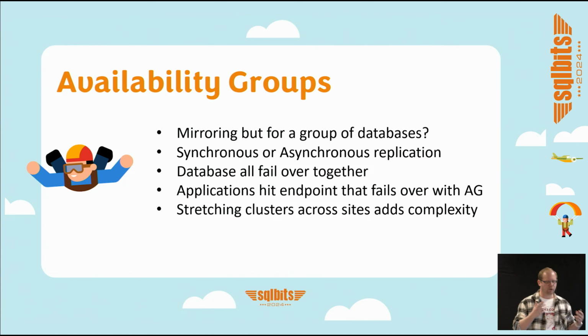And then our databases all fail over together. So in the event of a DR scenario, we are just running one command per availability group to bring our databases up in our secondary site. And our applications don't even care. They are completely unaware of the AG there. They are hitting our endpoint, our listener, and continue to hit the available databases.